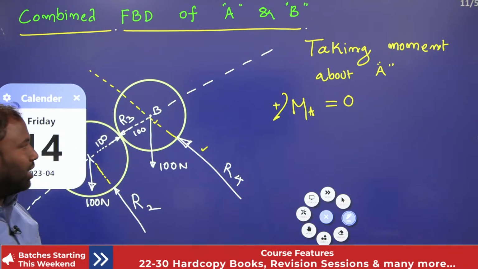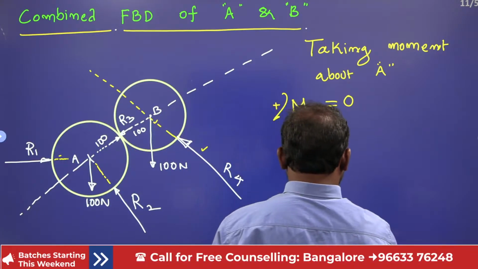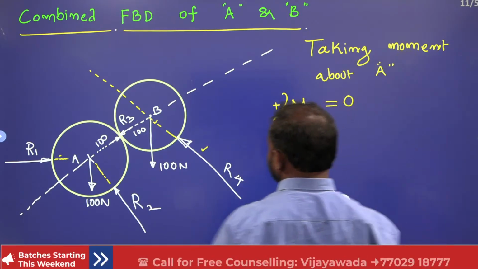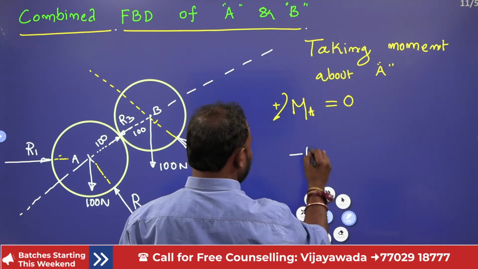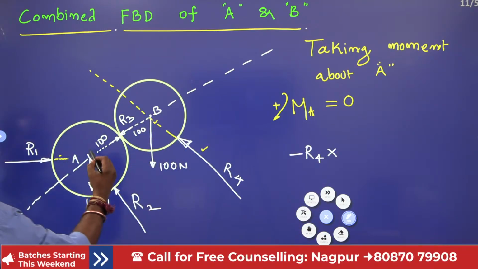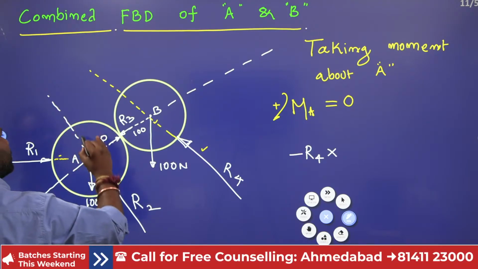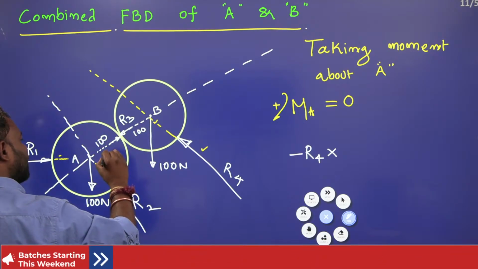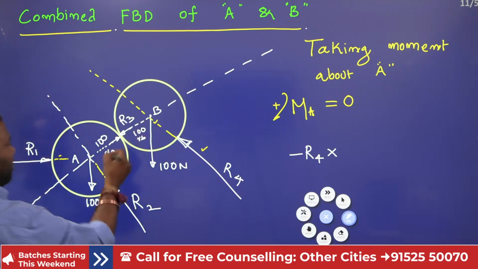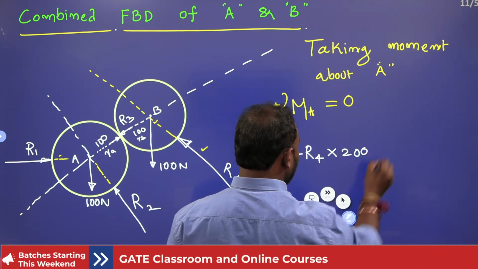Now I can write my moment: minus R4 into perpendicular distance. How much is the perpendicular distance? This is your perpendicular distance, RA and this is RB, so 100 plus 100.